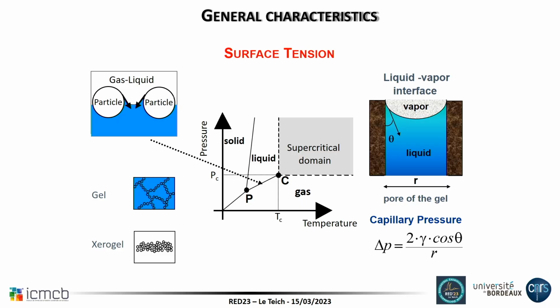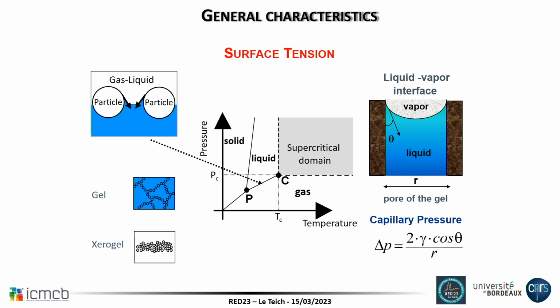This example that you can see here is also used in other types of processes, because since you have no surface tension in a supercritical condition, you can basically start in the liquid phase, switch to the supercritical domain and get back to gas without any phase transition. Phase transition is complicated because when you have a meniscus in between two particles, you have a surface tension here, okay?